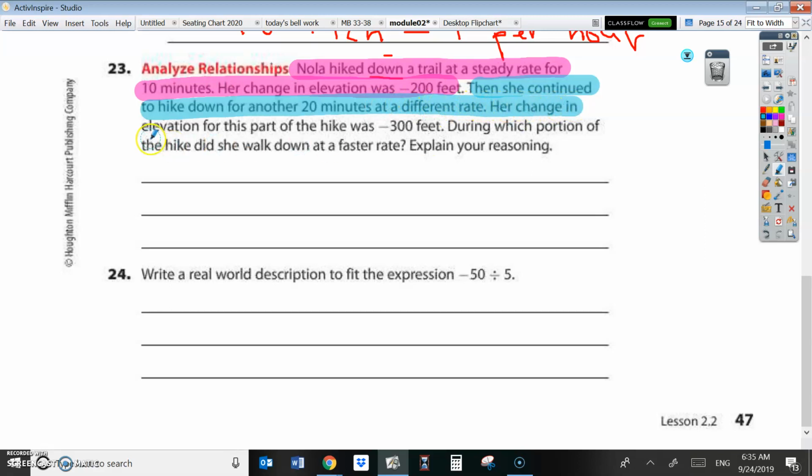Her change in elevation for this part of the hike was negative 300 feet. During which portion of the hike did she walk at a fast rate? Explain your reasoning. So here let's work part 1. And here let's work part 2.